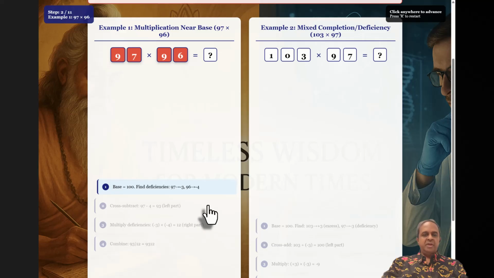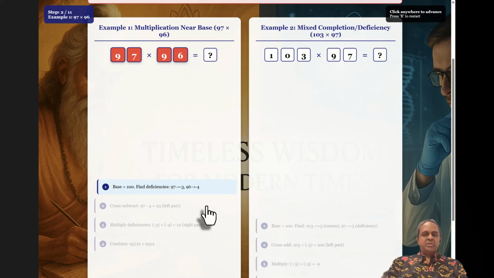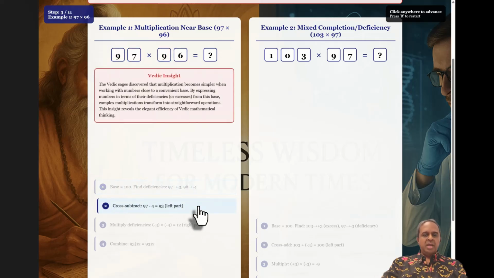Now, we take these deficiencies and cross subtract. The 97 has a deficiency of minus 3, so you subtract that from 96. Or you take 96's deficiency of minus 4 and subtract that from 97. Either way, you get 93, right? So the Vedic sages discovered that multiplication becomes simpler when working with numbers close to the convenient base.